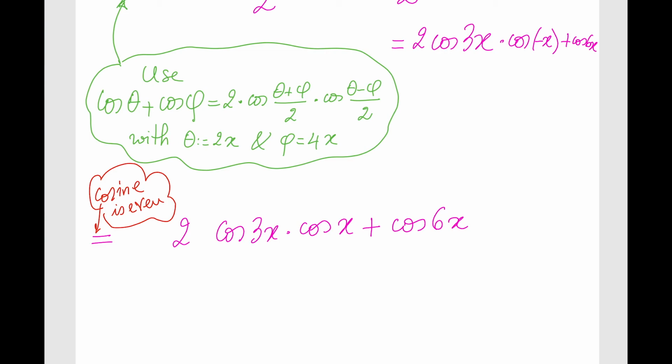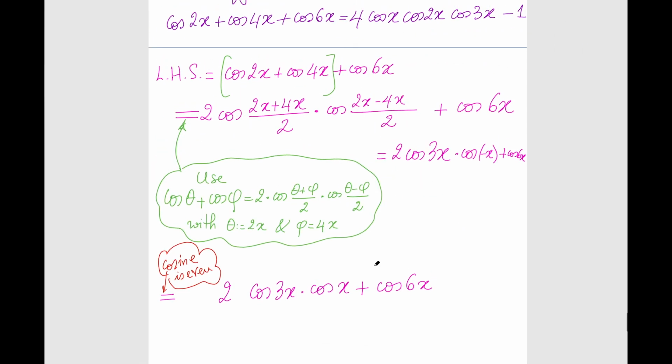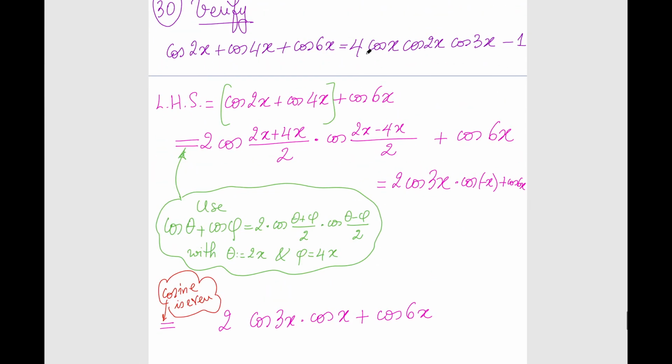All right, let's keep an eye on what we want. In the conclusion, I have cosine x, cosine 2x, and cosine 3x. So apparently we don't need the cosine 6x. In the conclusion, we don't have cosine 6x.